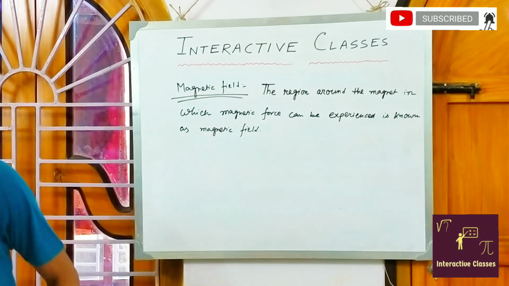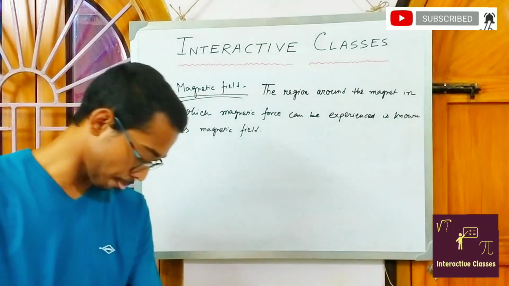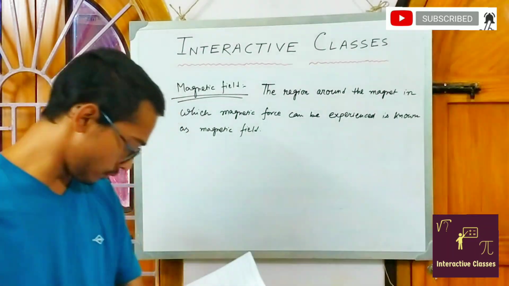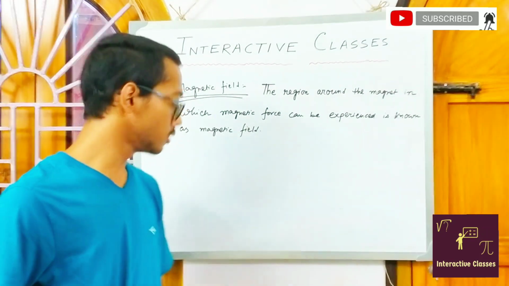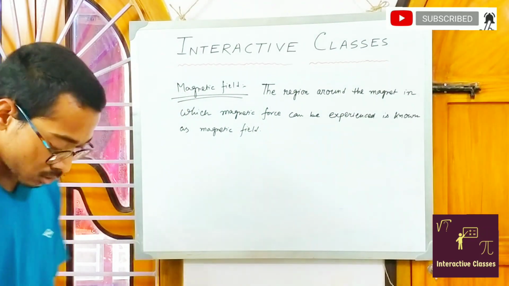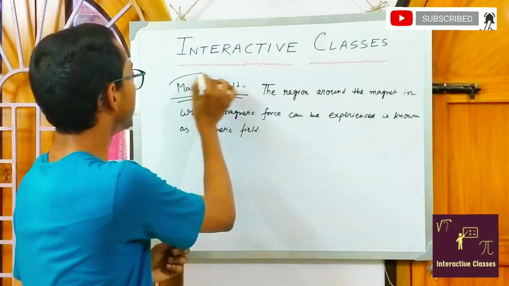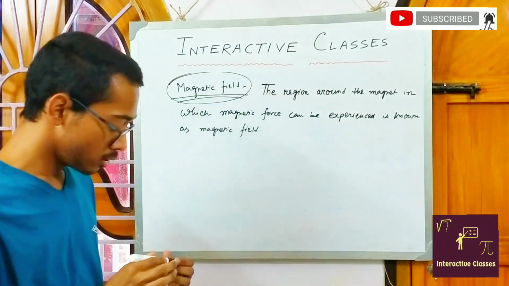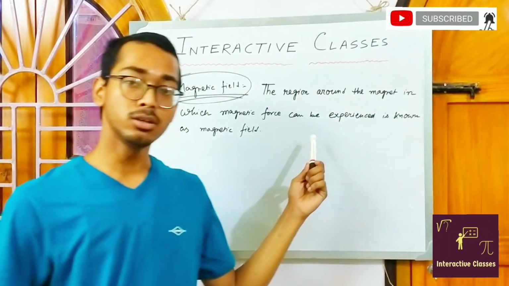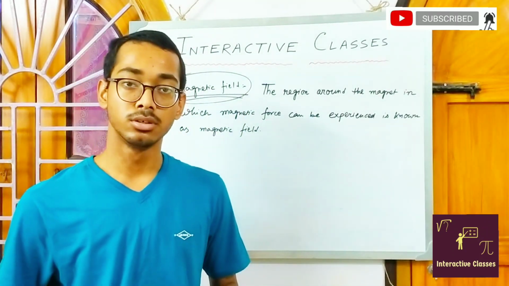Okay, now next in the topic we have magnetic field lines. So we have understood about magnetic field. Now we can explain it, but we cannot represent magnetic field, right?